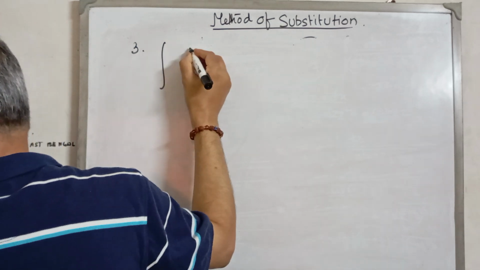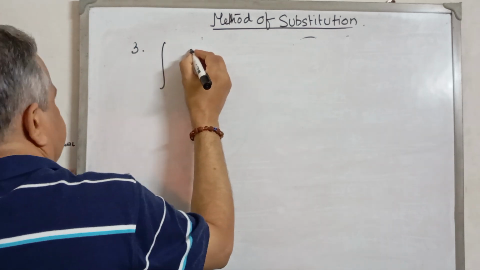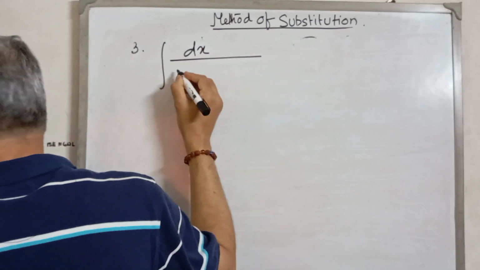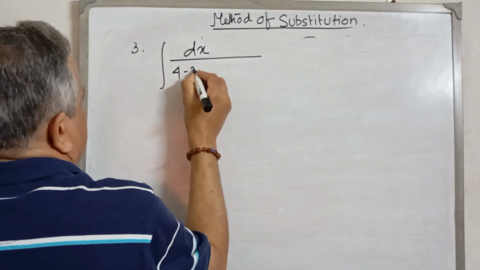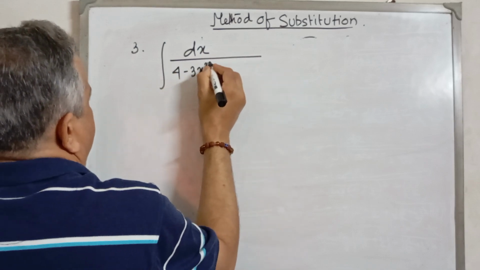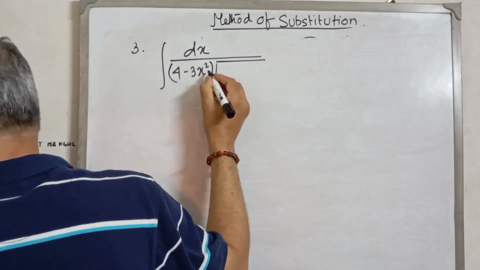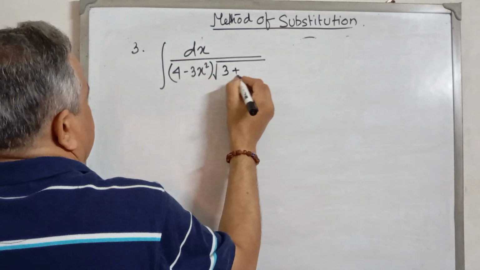Integration dx by 4 minus 3x square root over 3 plus 4x square.